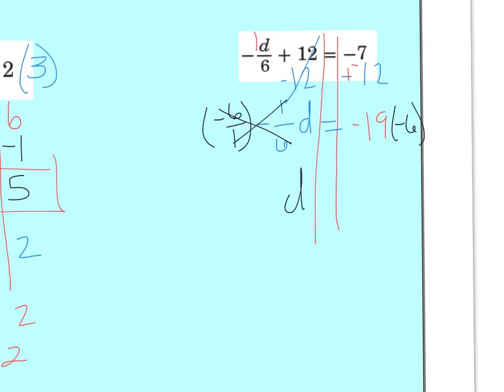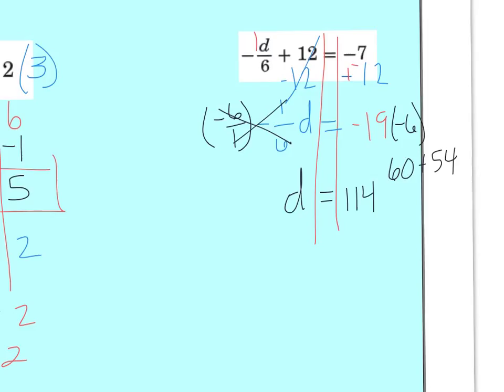So then I get d is equal to, I don't have a calculator in front of me, so I'm going to think out loud for you. I know a negative times a negative is a positive. I know 6 times 10 would be 60. 6 times 9 would be 54. So I know that this is really 60 plus 54, which is the same as 114.